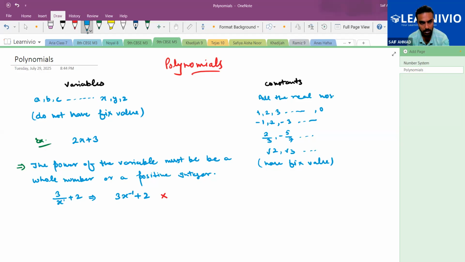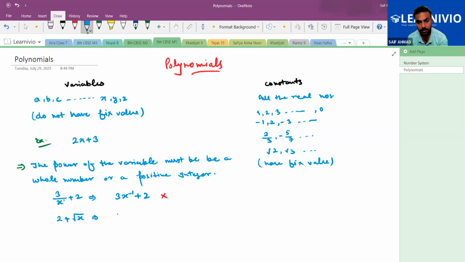Now, 2 plus root x. Tell me, Loki, is it a polynomial? No, it is not a polynomial.